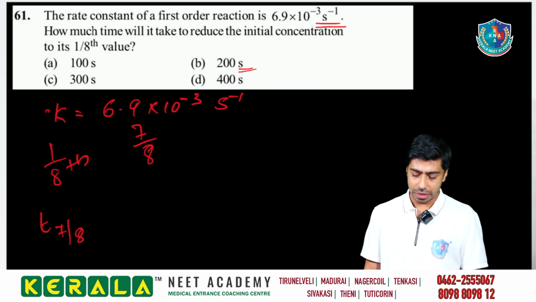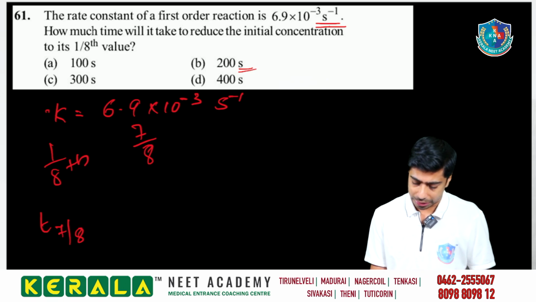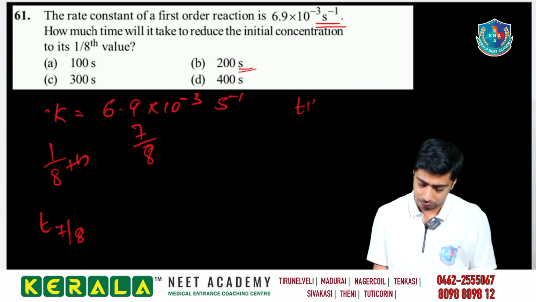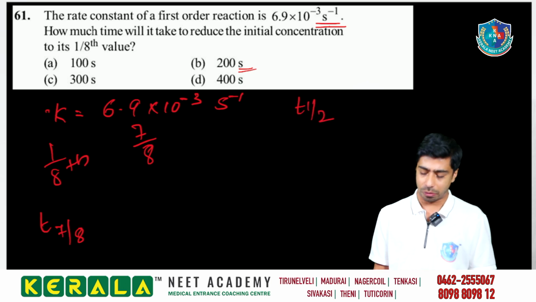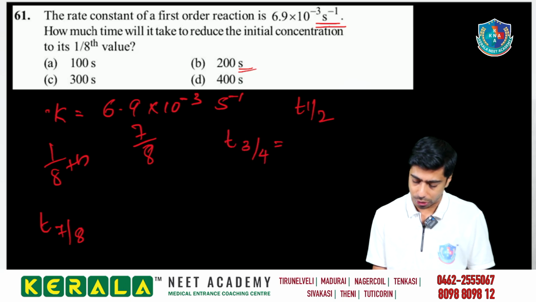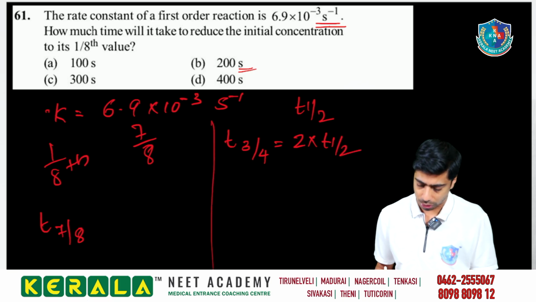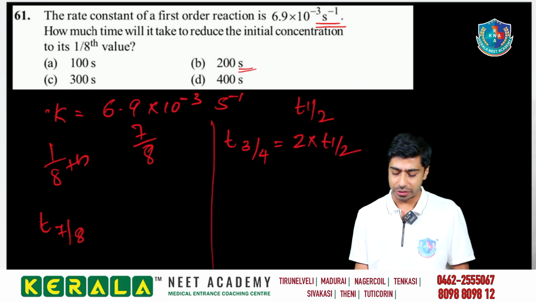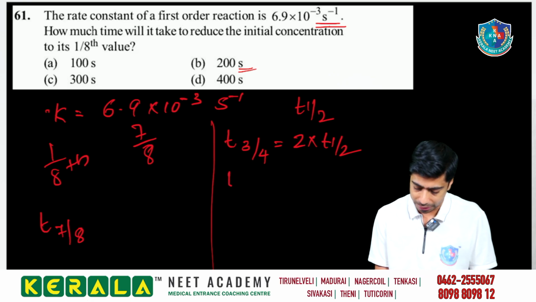If you know the value of T half, that can be calculated, but we have some shortcut formulas. T 3/4 is equal to 2 into T half. Then T 7/8 will be equal to 3 into T half.